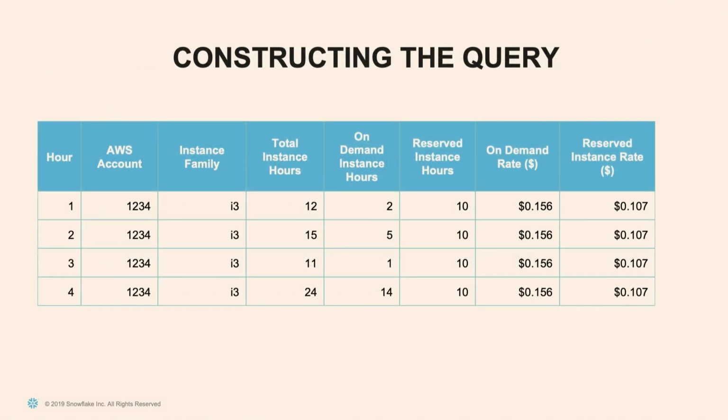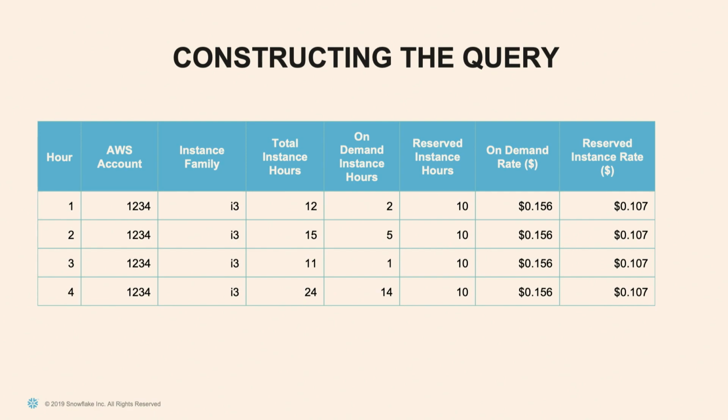So for the first step of constructing the query and bringing all the data together into the same place, for the time period we selected for the calculation, we look at each hour, AWS account, which is comparable to Snowflake region, and instance family, and look at what were the total instance hours that were consumed during that one hour. We think about things in terms of instance hours.